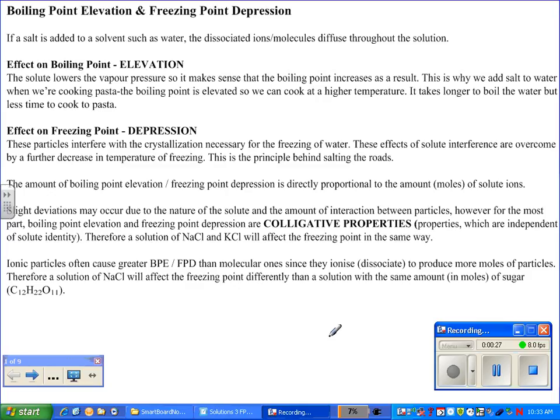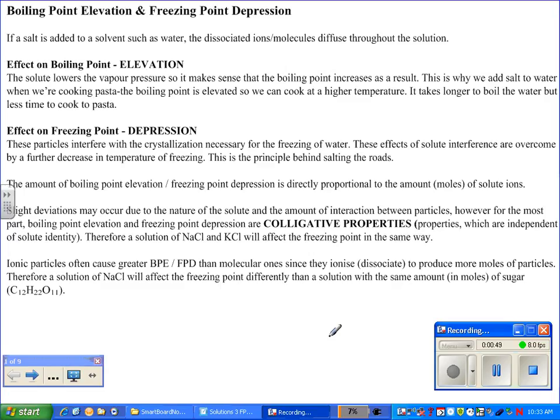It is simply the number of moles of our solute that will affect the elevation or depression. The amount of boiling point elevation and freezing point depression that is experienced is directly proportional to the moles of solute ions.